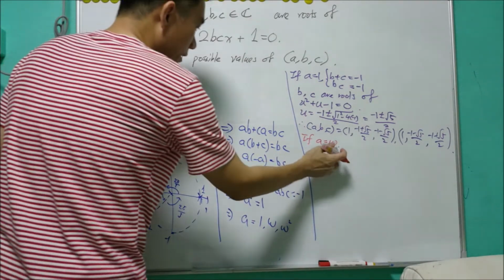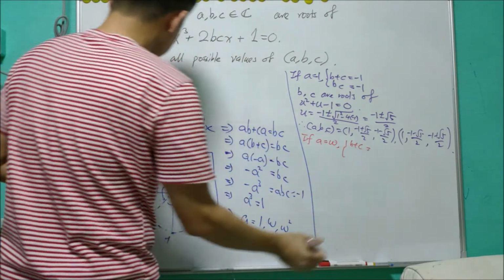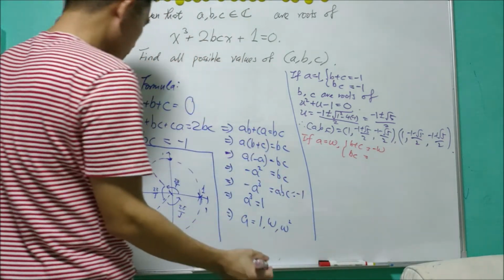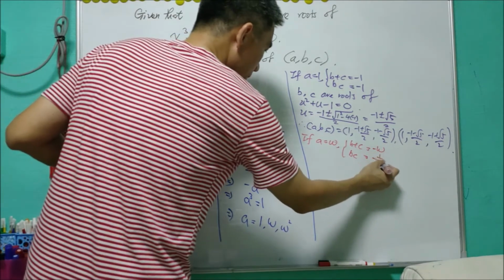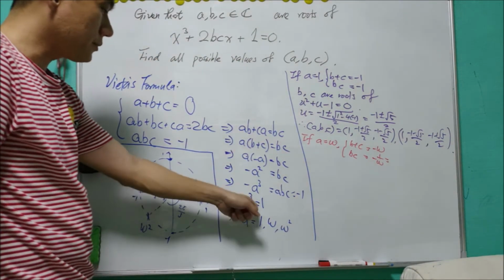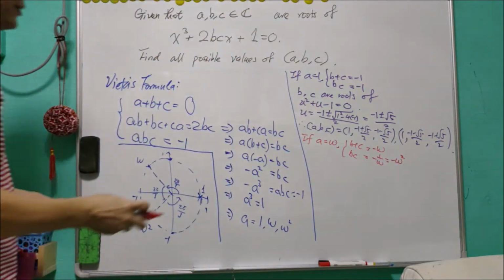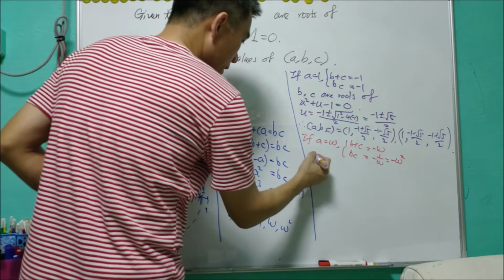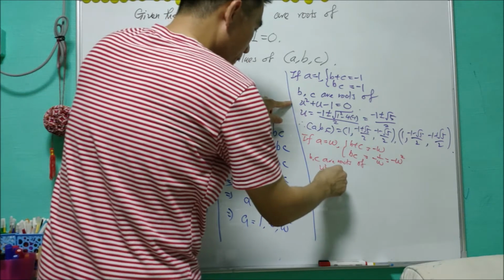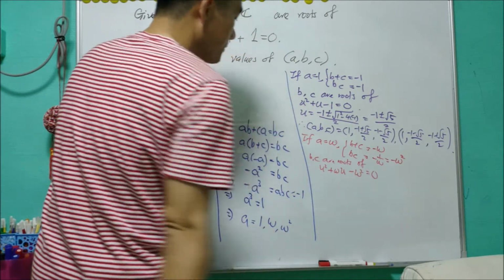If a equals w, then you will see that b plus c will equal -w. And bc is equal to -1 over w. And note that w cubed is equal to 1. So this actually equals -w squared. So again, b and c are roots of u squared plus wu minus w squared equals 0.